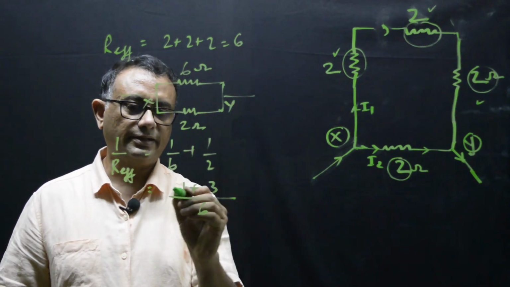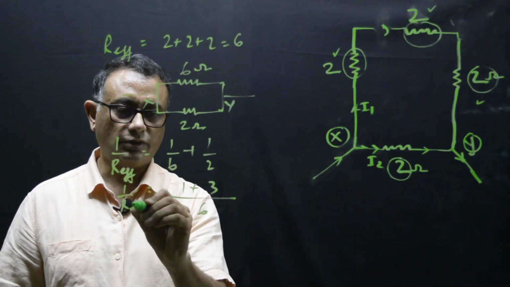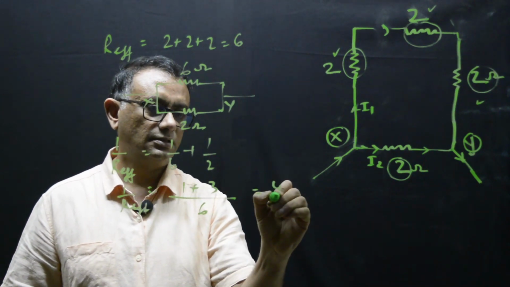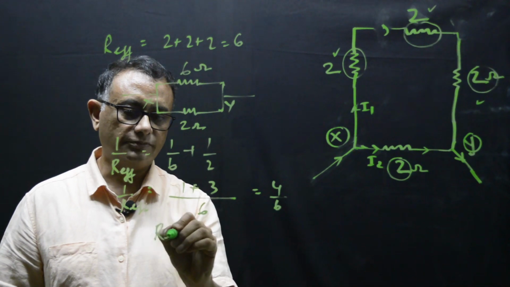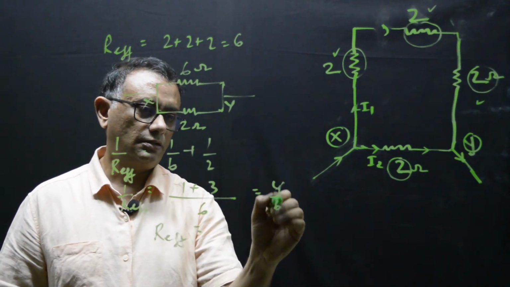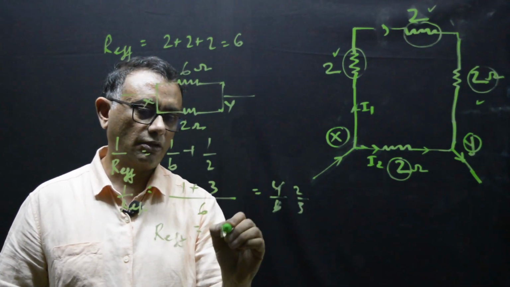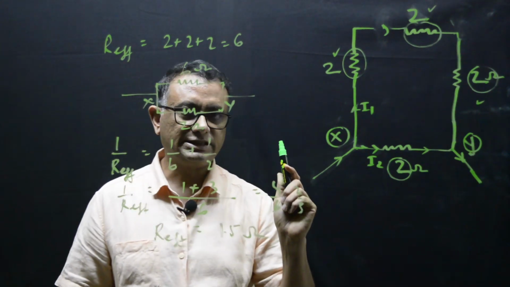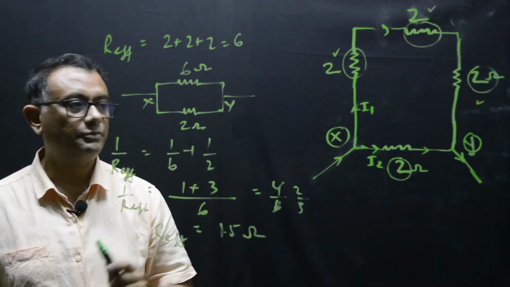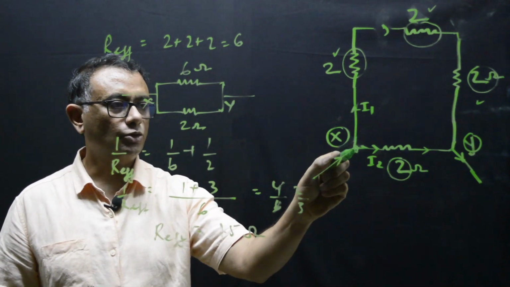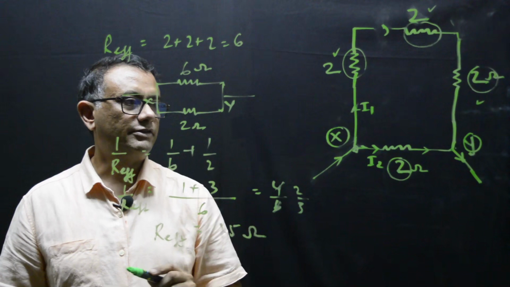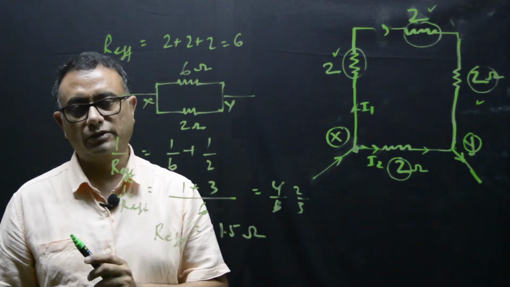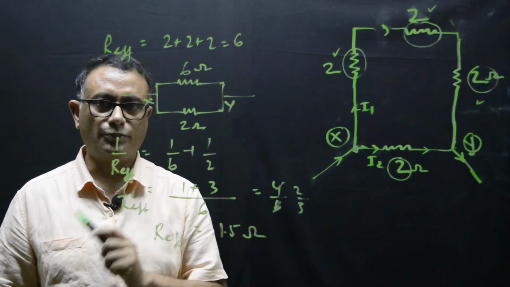And we get 1 by R effective is equal to 4 by 6, so R effective now becomes 3 by 2 or 1.5 ohm. So let's not be taken in just by the shape. We have to see what the two points, entry and exit points, are for us to calculate the R effective. I hope you have followed this.